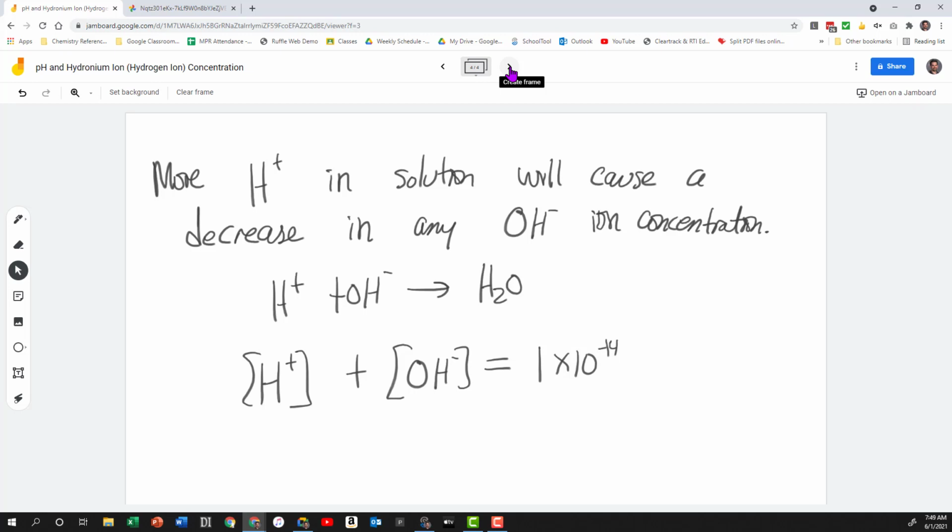That's just a relationship that exists. So if you have more H plus ions, you have to have less OH minus ions in the water in order to equal that constant.